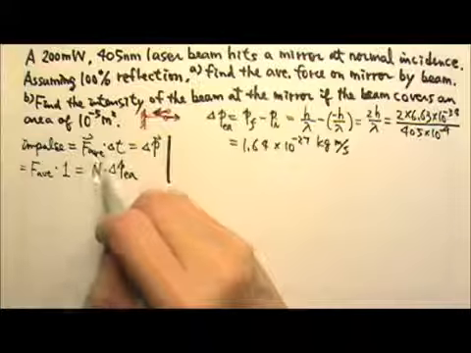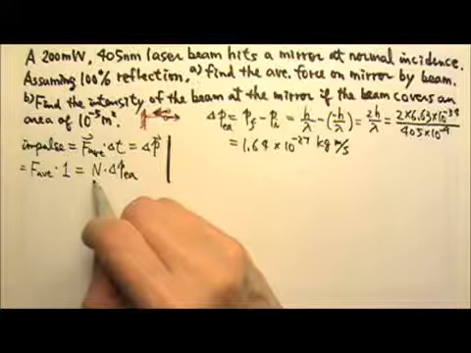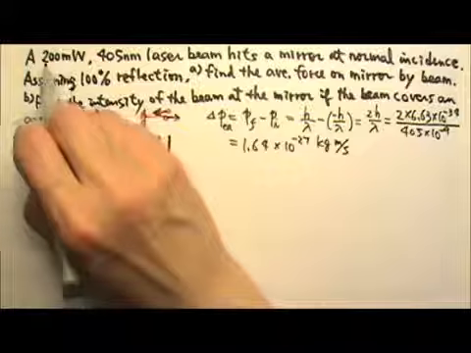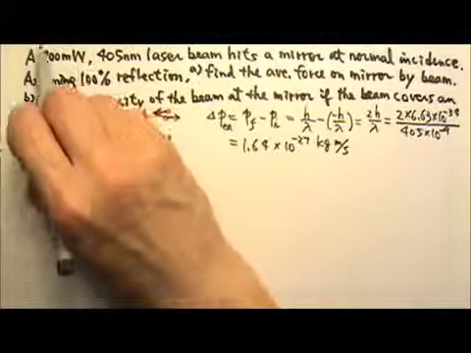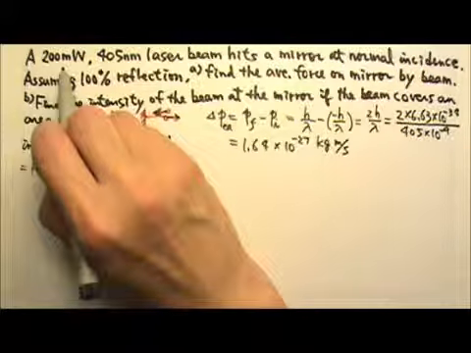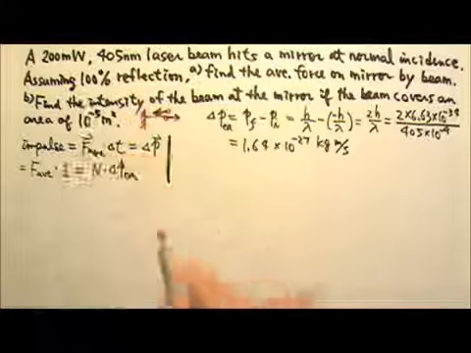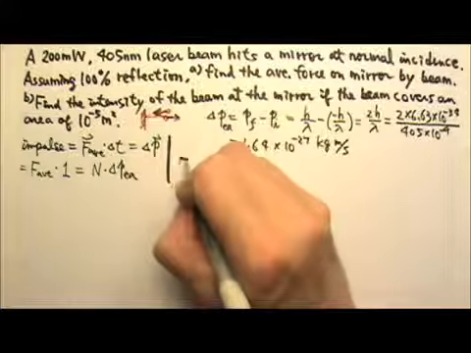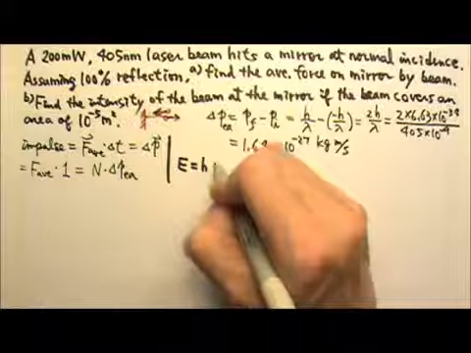We still need to find the number of photons hitting the mirror every second. We know the power of the laser is 200 milliwatts and the wavelength of a photon, so we can find the photon energy for each photon first.